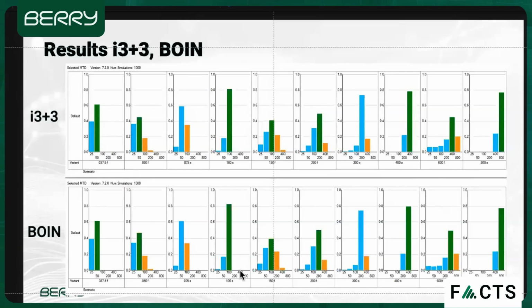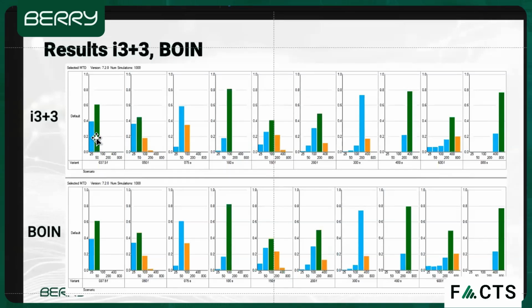And jumping straight to the results, so the 1,000 simulations of I3+3 and Boeing, here's a histogram showing for each scenario in what proportion of the simulations each dose was selected as the MTD, and then the bars are coloured depending on the true toxicity rate that was simulated for that dose.